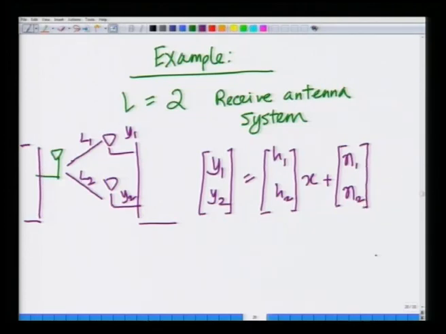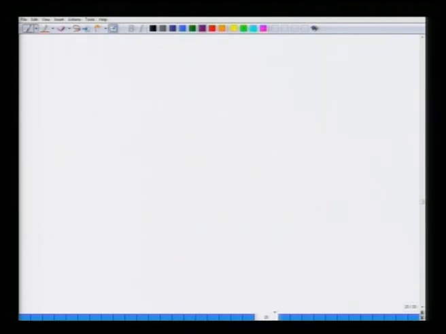Alright. So, I have 2 receive antennas. I am saying y 1, the signal at receive antenna 1, is h 1 x plus n 1, and y 2, the signal at receive antenna 2, is h 2 x plus n 2. Now, let me take examples of these fading coefficients. Let me take h 1 equals 1 over square root of 2 plus 1 over square root of 2 j.